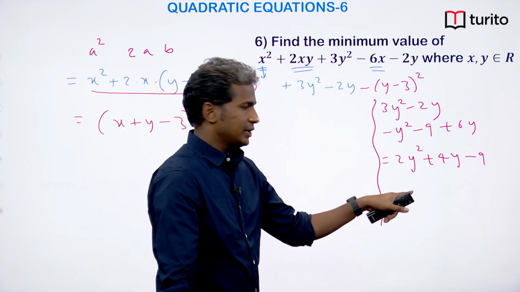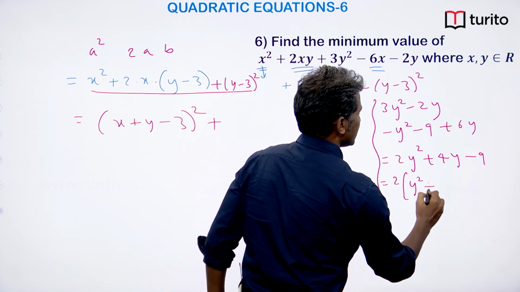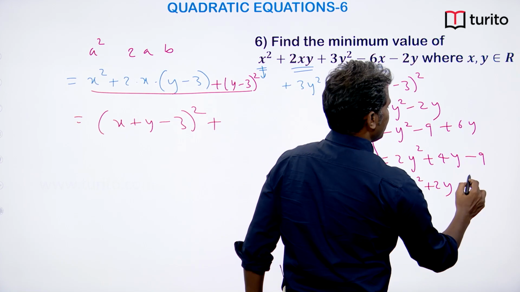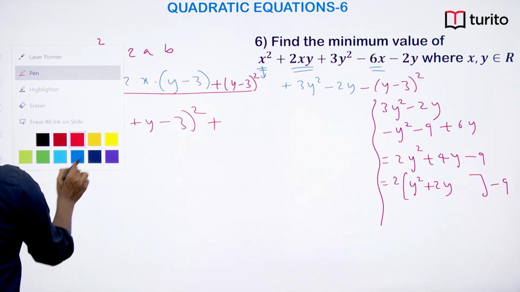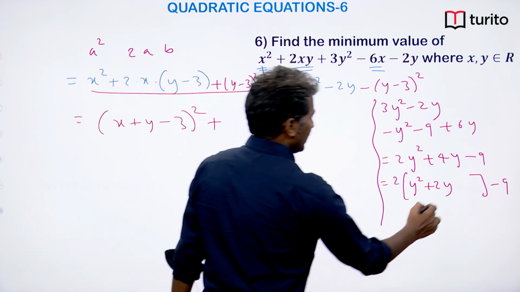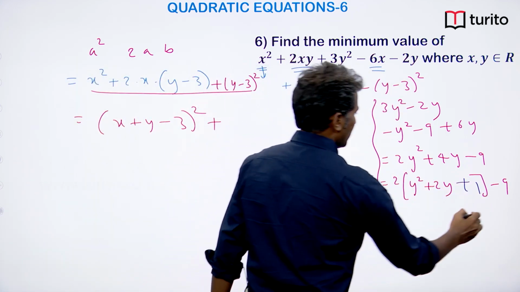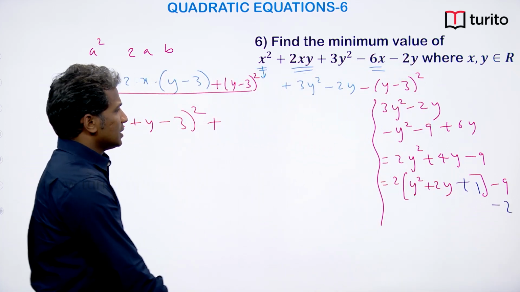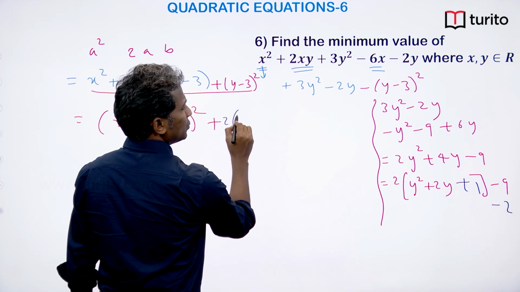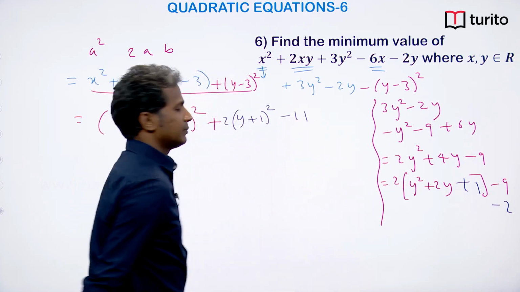Also here if we notice, I can take 2 common and write it as y square plus 2y and I kept minus 9 outside. So, here if we add 1, this also becomes a perfect square. So, I have to subtract 2 here to balance it. So, basically here I can write 2 into y plus 1 whole square minus 11.